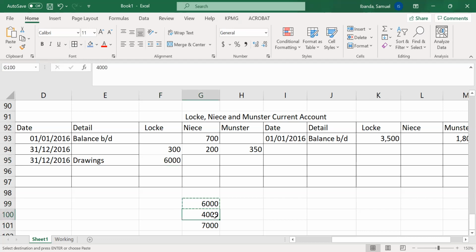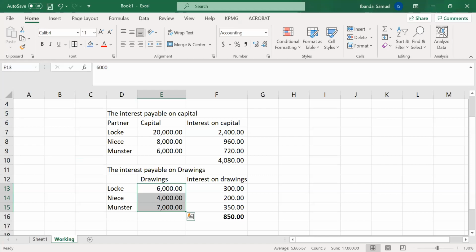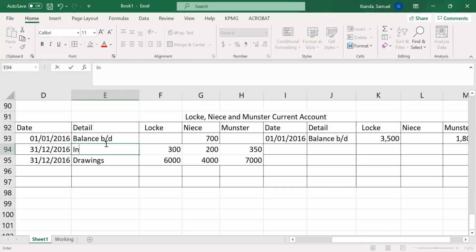Not to forget, I think this was interest on drawings. This is interest on drawings.